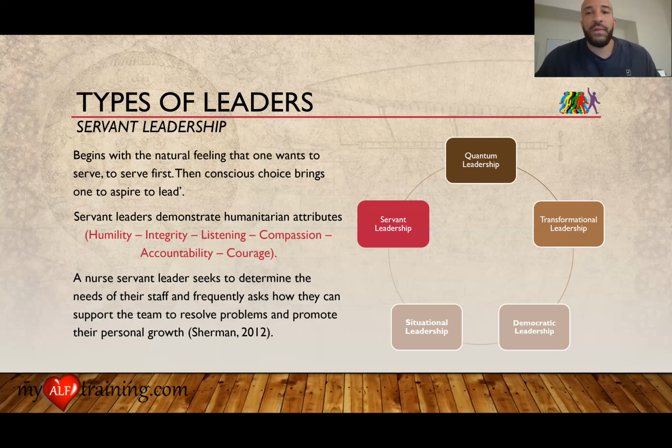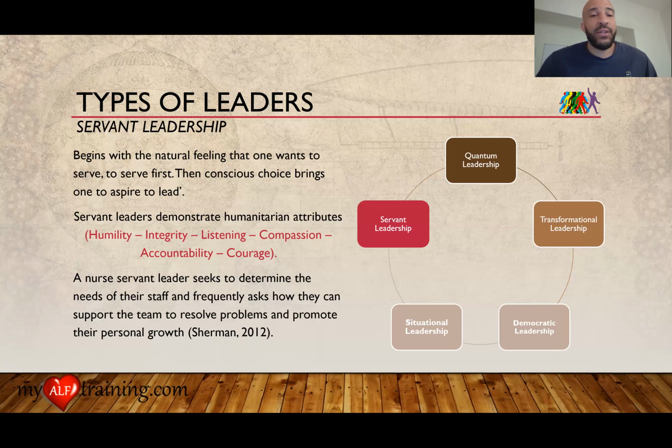Servant leaders are, for the large part, humanitarian, and they have humanitarian characteristics. What are some humanitarian characteristics? Well, they have large humility, they have integrity, they are great listeners, compassionate, they retain accountability, and they are courageous people.